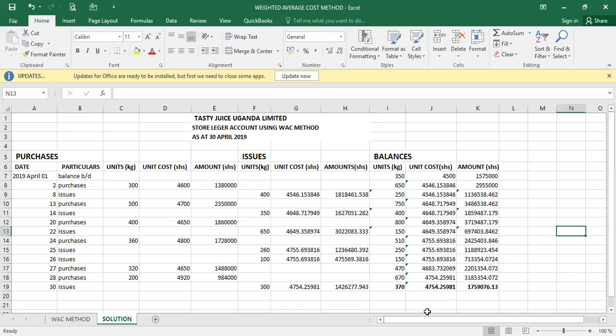I hope you've got that. Here we can say that our closing stock is 370 kgs valued at 1,759,076.13.